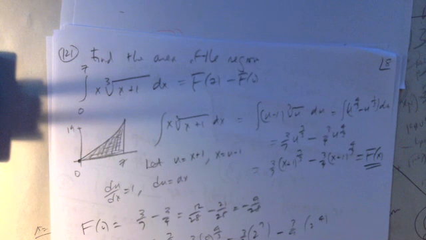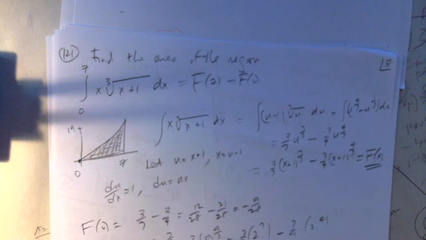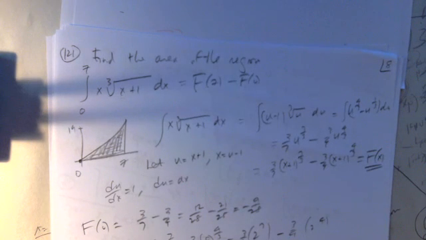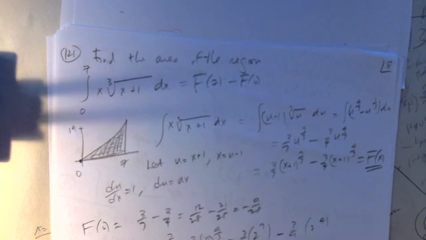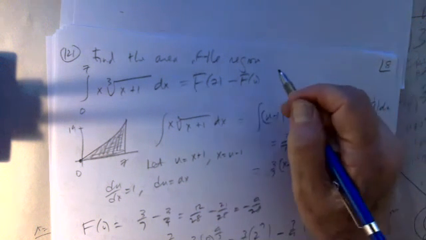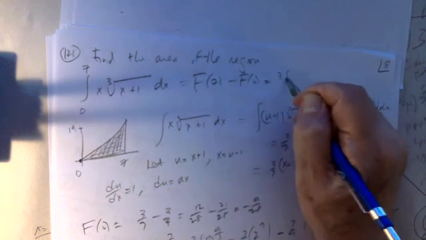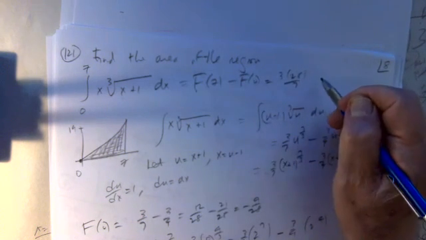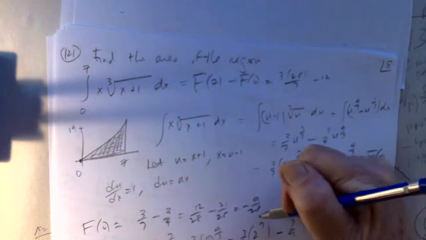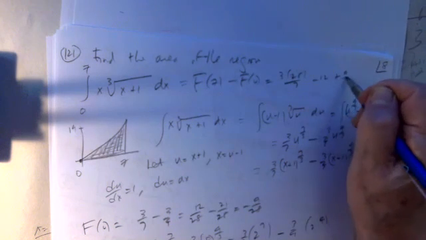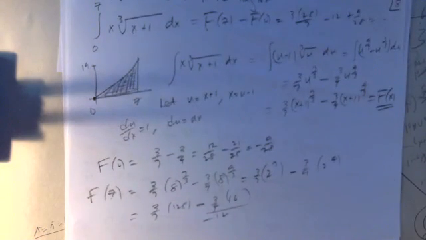So that's 3/7 times 128 minus 3/4 times 16, and 3/4 times 16 is just 12. So you get 3 times 128 over 7 minus 12, minus the F of 0 value, minus 9 over 28, so plus 9 over 28. And whatever that is equal to is what it's equal to.